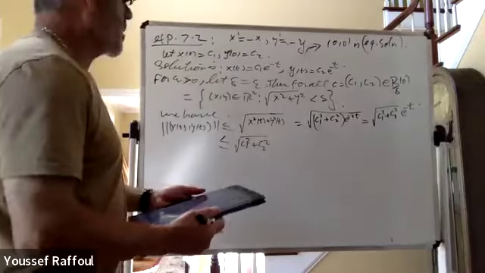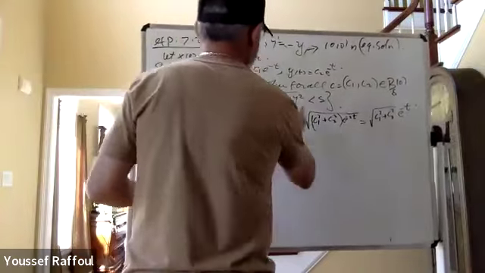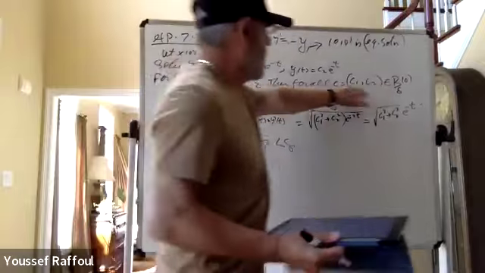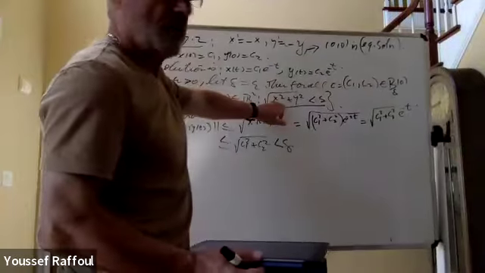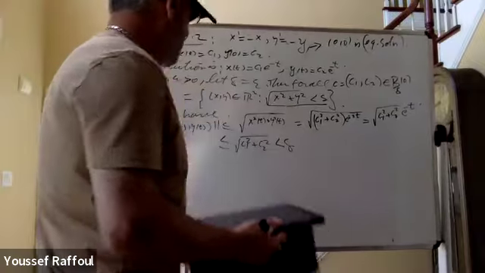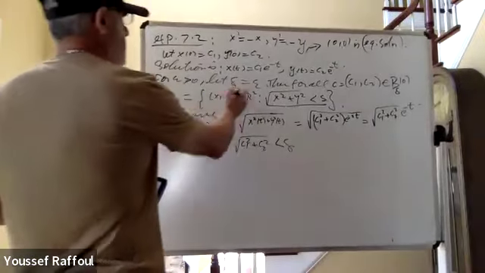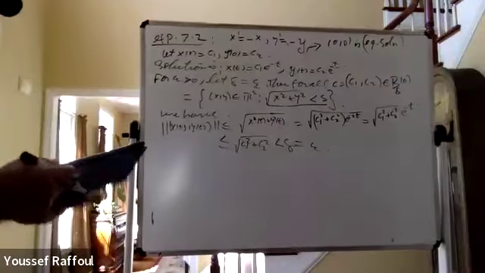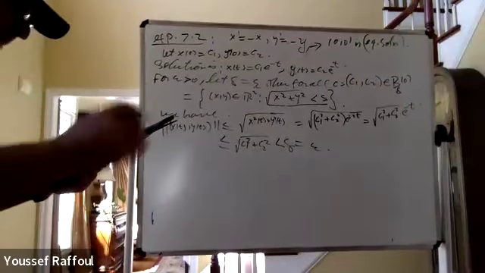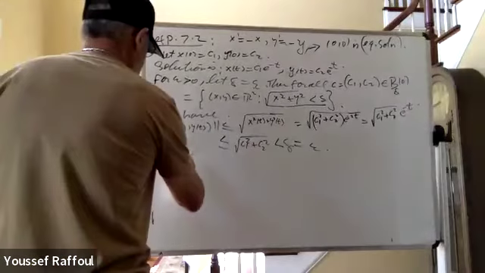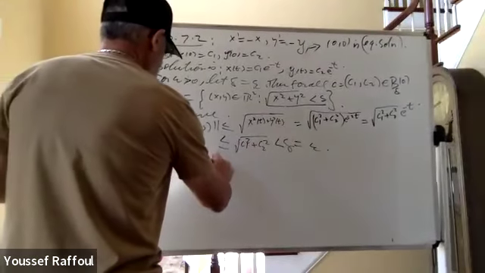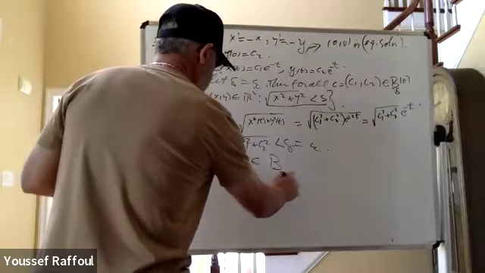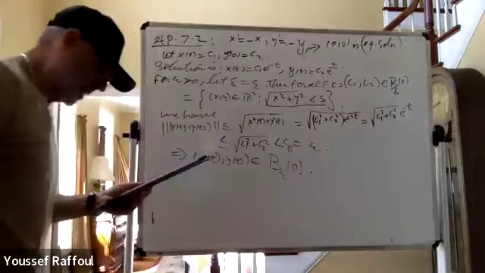But what is C1 squared plus C2 squared? This is less than delta because C is in this circle. But what is delta? Delta equals epsilon. There we go. Which implies (x(t), y(t)) belongs to B epsilon of 0. And that's it.